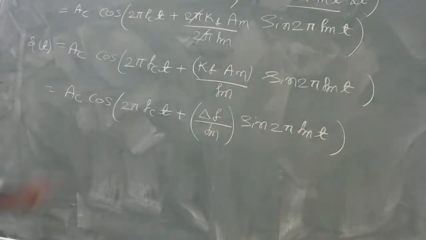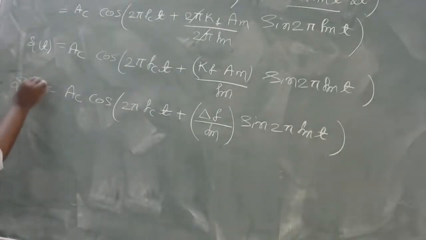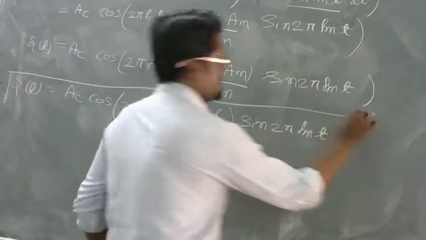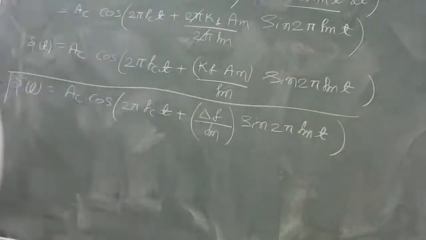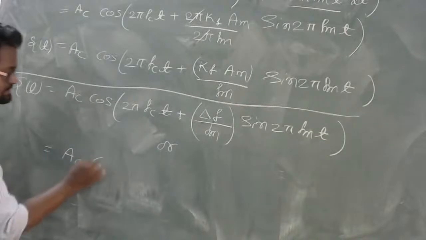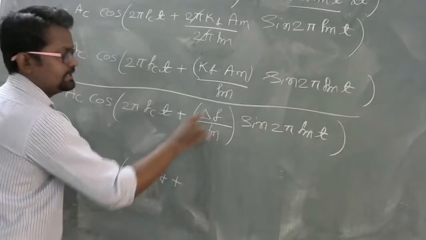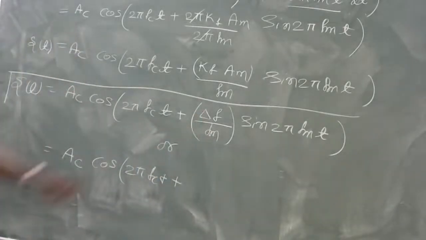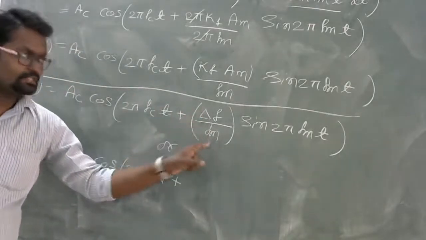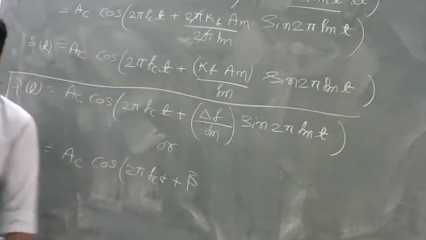Okay. So this one is the generalized equation of the FM signal. It can also be written as Ac cos(2 pi fc t plus delta f upon fm sine 2 pi fm t). Delta f upon fm, the ratio of frequency deviation to the modulating frequency, is known as the modulation index in the case of FM.